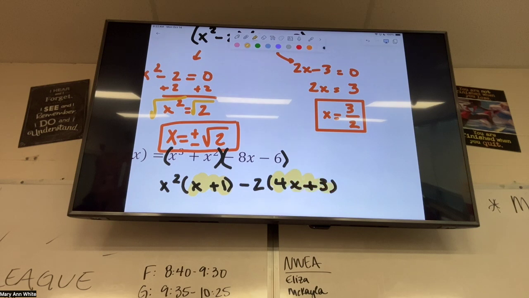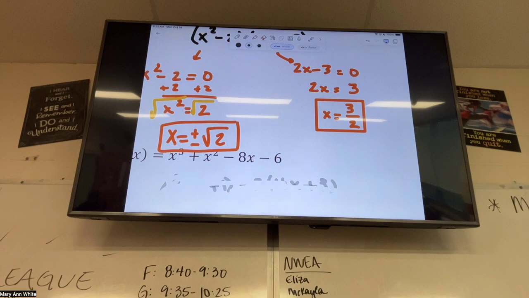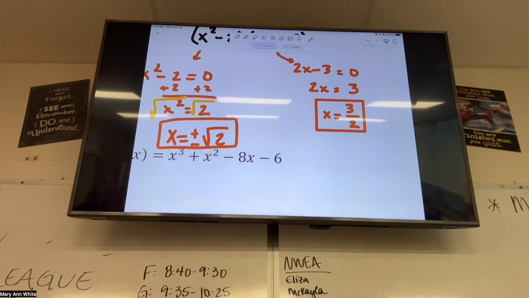I can't factor that way. Is there any way I could quadratic formula this first equation? I don't think so. Why can't I quadratic formula this equation? It's x to the third. It's x to the third, good, and I have it kind of hidden. But it's an x to the third, so you can't quadratic formula that, okay?